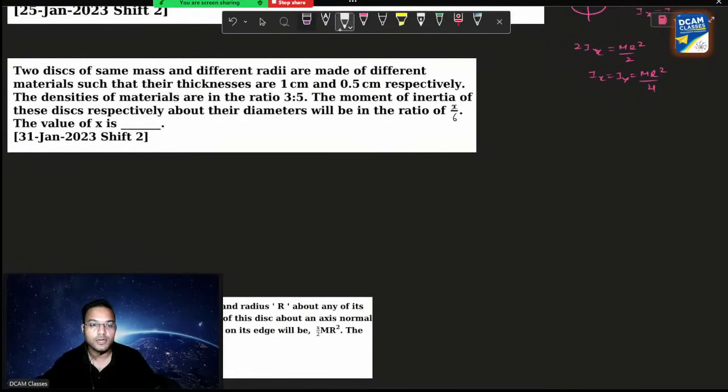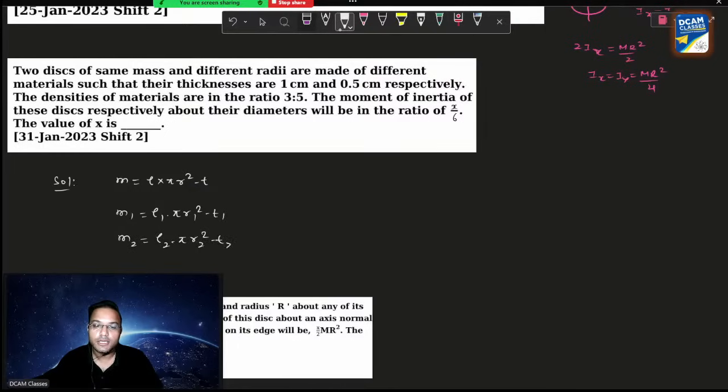See how to solve it because masses are same. Here, the concept you have to use is that the masses are actually same. Mass of one is rho into pi r square into its thickness. So m1 will be equal to rho 1 into pi r1 square into t1, and m2 will be equal to rho 2 into pi r2 square into t2.